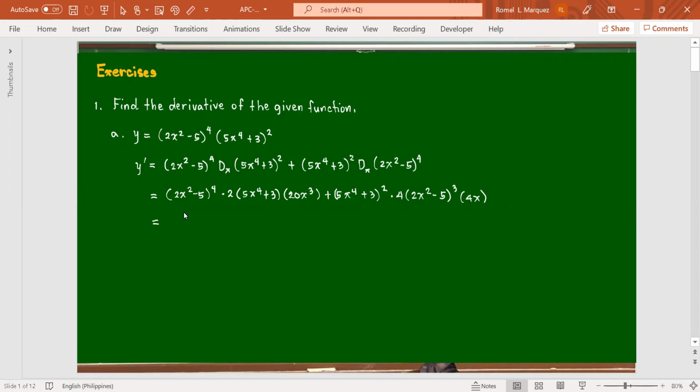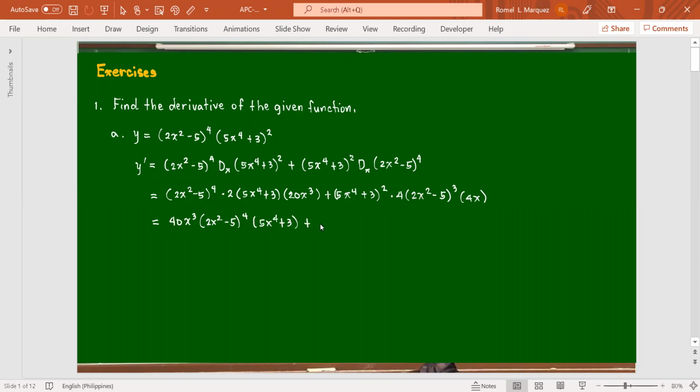If, for instance, in the exam, you are not asked to simplify, that's already the answer. But if you are asked to simplify, then you have to write it in the following way. 42 times 20, and then x cubed multiplied by (2x squared minus 5) raised to 4, then multiplied by (5x to the 4th plus 3).